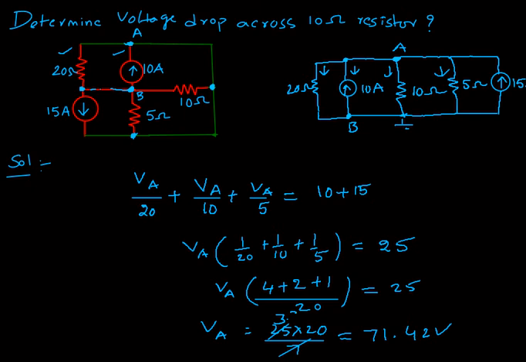So this is the voltage drop across the 10 ohm resistor.